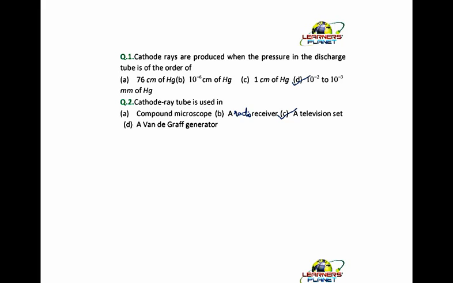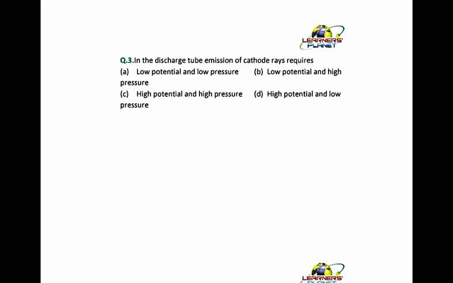So where is this cathode ray tube used? It is used in a television set. It is obviously not used in a compound microscope or Van de Graaff generator. So this was a very simple question to start with. Now let's take up the next question. In the discharge tube, emission of cathode rays requires what?